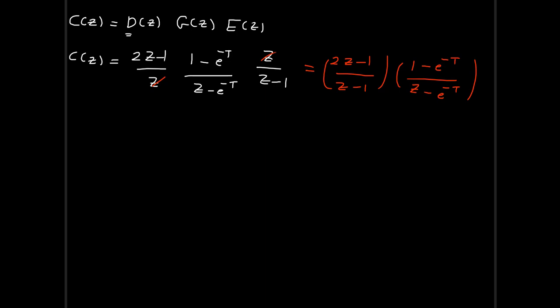Now simply, if we need to find C of kT, in this case we need to find the Z inverse of C of Z, and let's assume we'll use for that the partial fraction expansion.